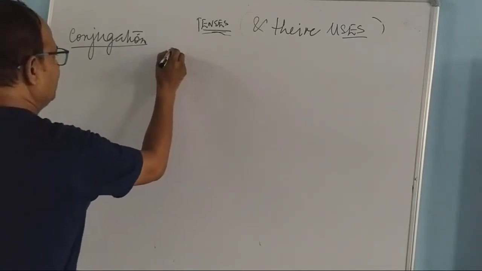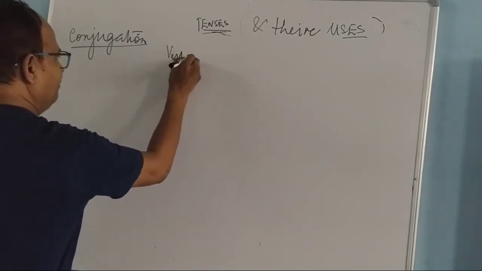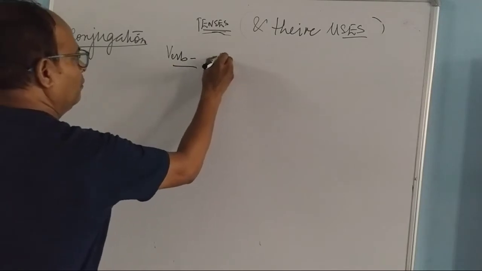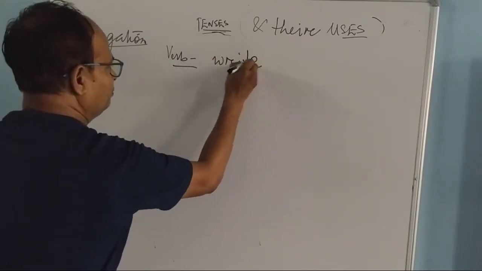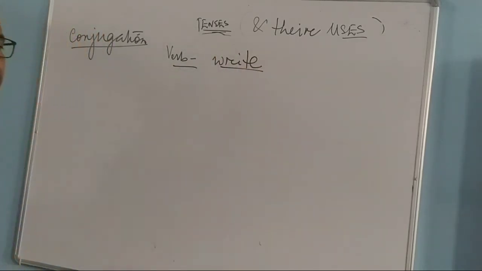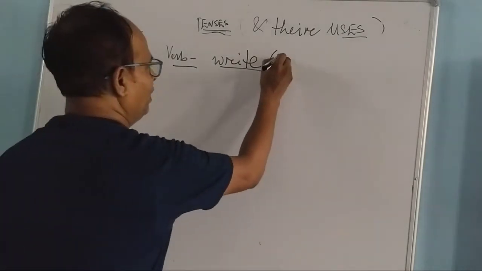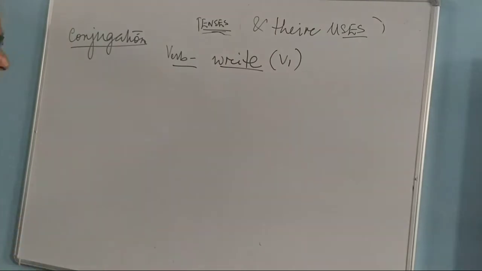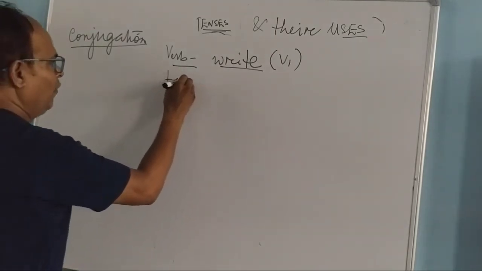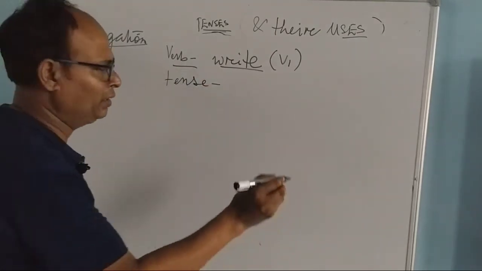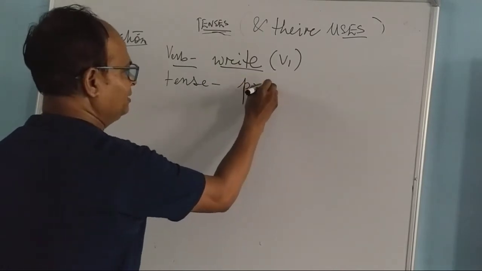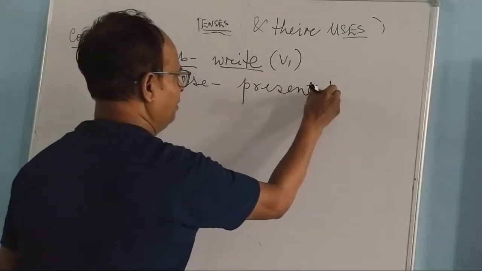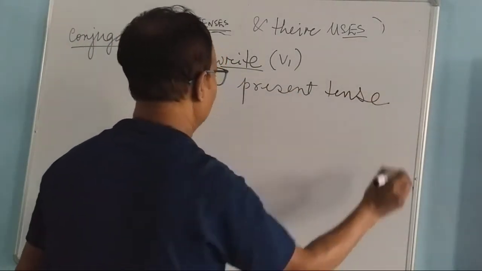First, I will write the verb. What is the verb? Write is the verb. We will write it in the present form or the first form. This is verb 1, the verb in the first form. All right. What tense are we going to write? We are going to write in the present tense.